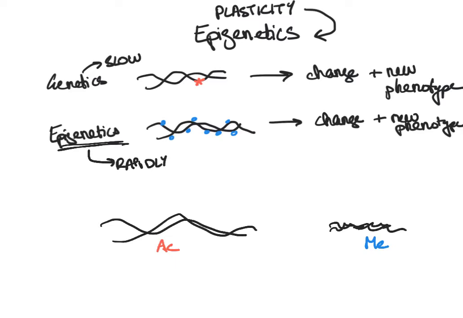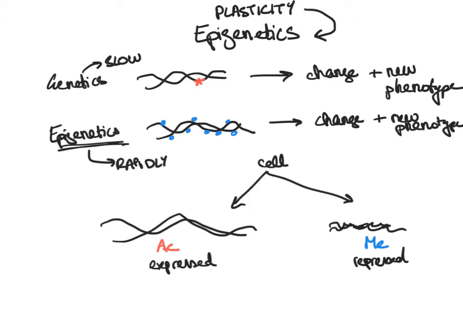And so depending on whether the cell chooses acetylation or methylation for a specific gene, that gene will now be either expressed or repressed, and that will change our phenotype. And so that's how we get these very quick changes, and that's how cells are able to de-differentiate so quickly and then re-differentiate again and express genes that make them more fit. And so this is an important thing to understand in the context of understanding GBM.